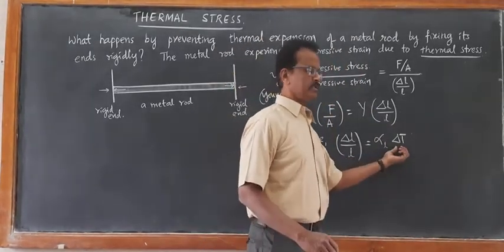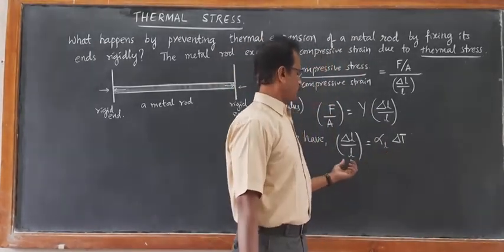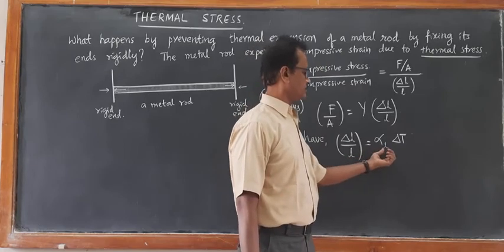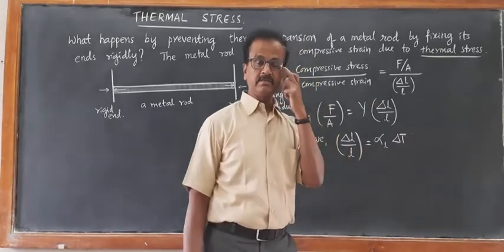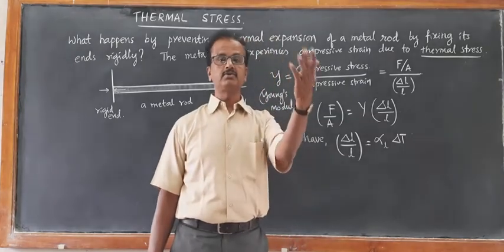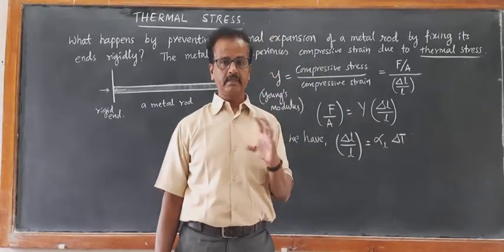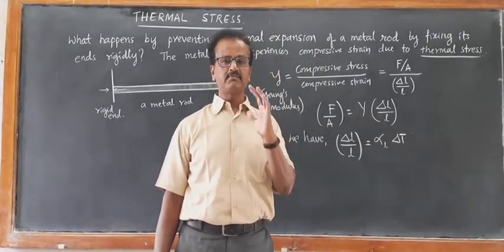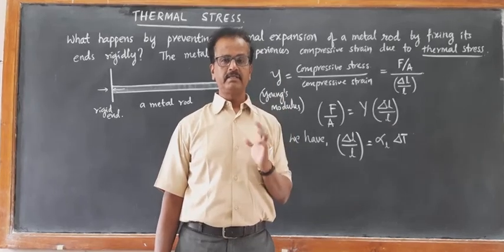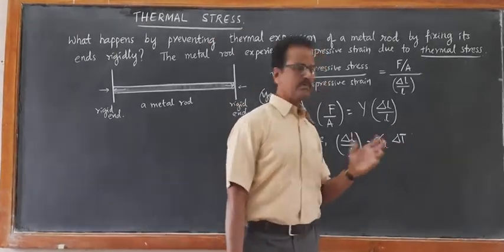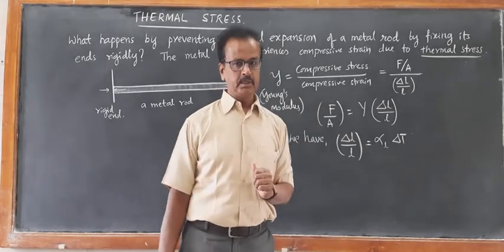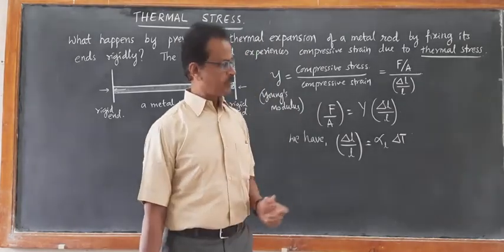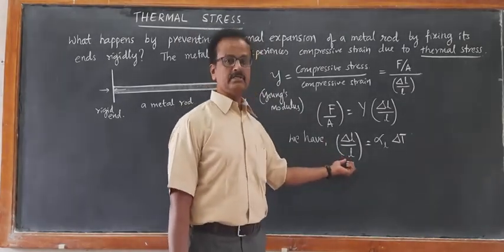Suppose the temperature is raised from 30 degrees Celsius to 40 degrees Celsius during daytime, so that the change in temperature is 10 degrees Celsius. During this, we can calculate the fractional change in length.